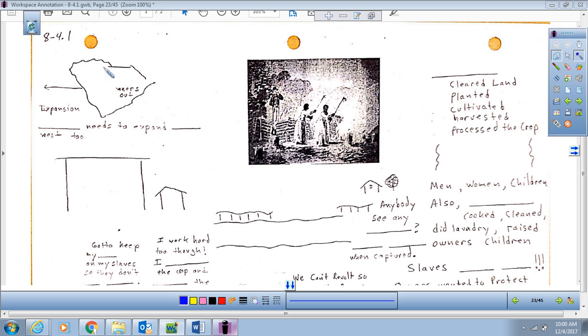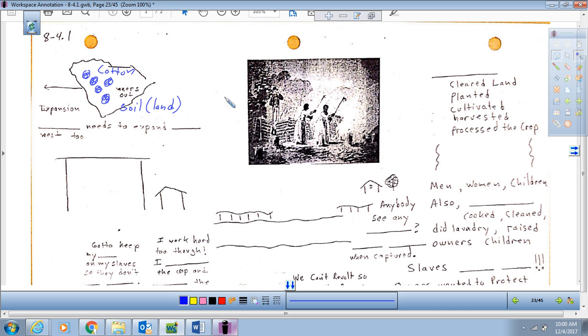Cotton, of course, was the number one thing grown in the South. However, as we learned, cotton wears out the soil, wears out the land. You can't grow anything all the time in the same spot.